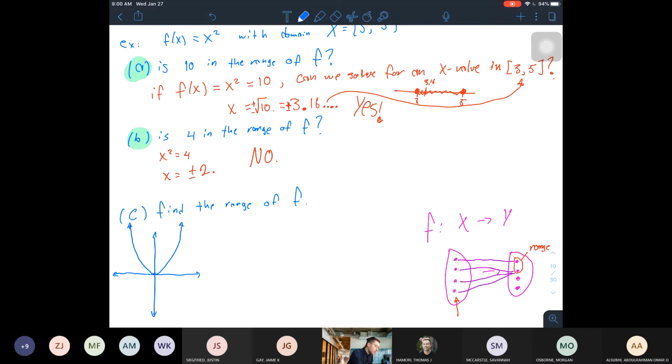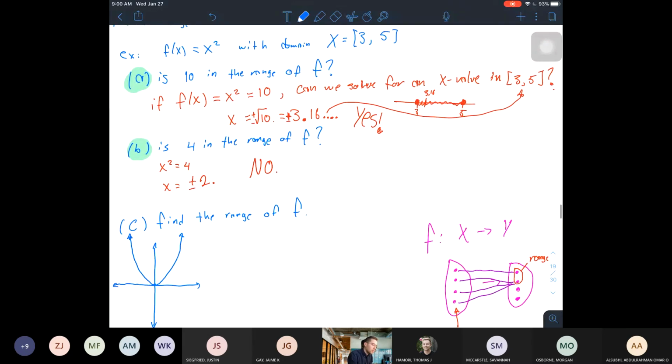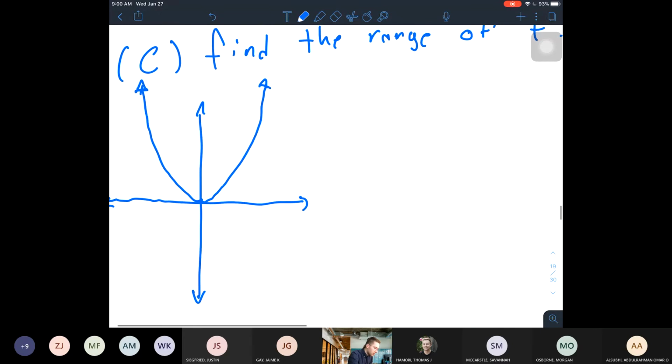And what I'm going to do now is mark our domain on the x-axis. Okay? So we would have like 1, 2, 3, 4, 5. And our domain is from 3 to 5. So here's our domain.